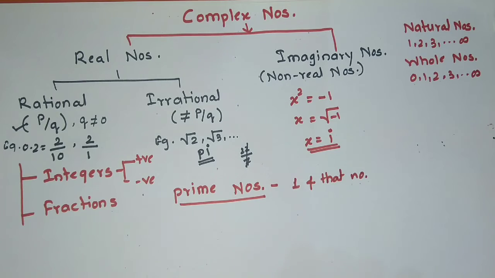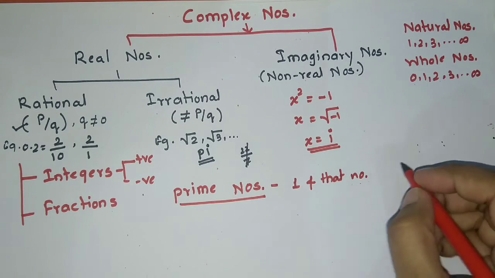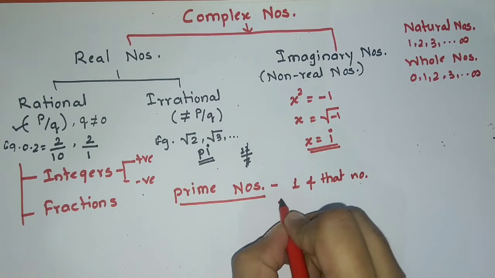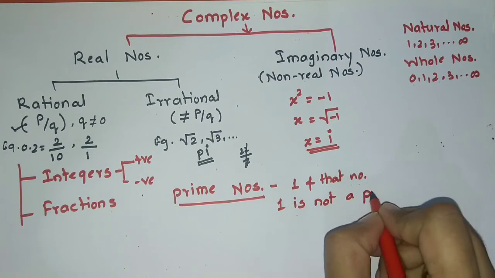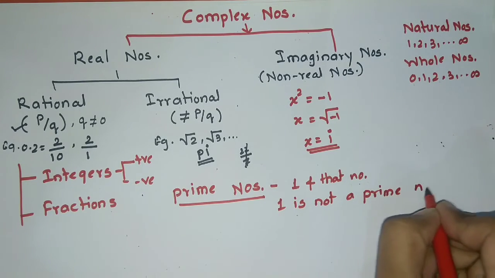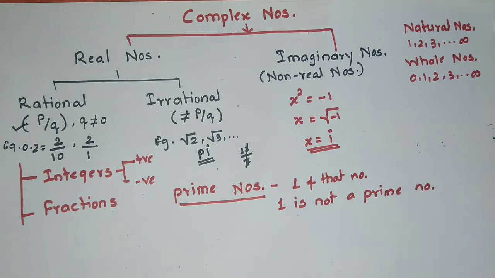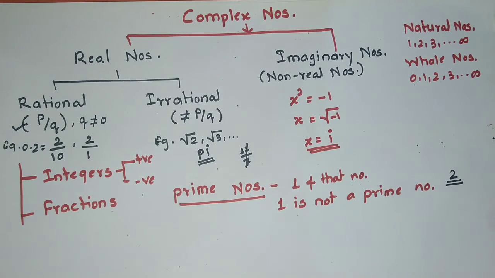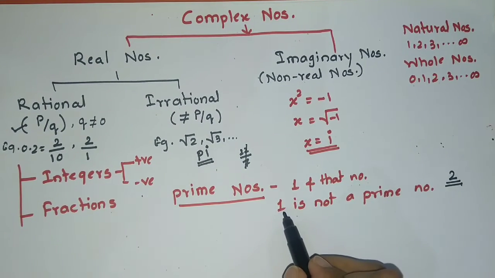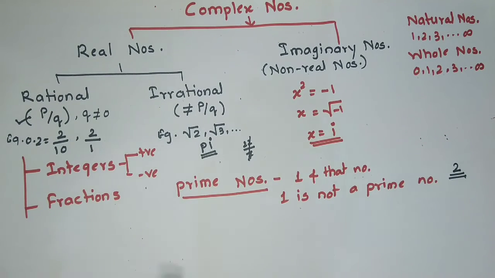Except 1, 1 is not a prime number. The smallest prime number is 2. Always remember, the smallest prime number is 2. 1 is not a prime number. 1 is a composite number.